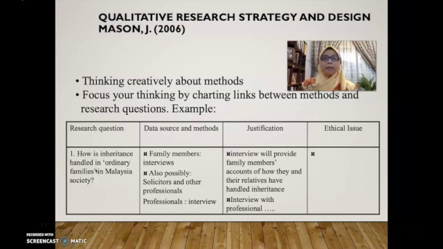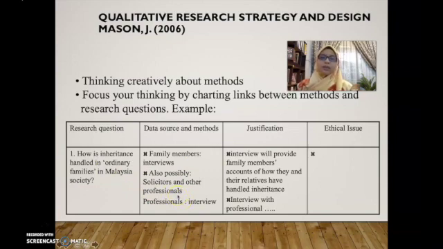So you have to map carefully the research question with the data source and method. So here, the data source would be family members, and the method that you're going to use to answer the research question is by interviewing the family members, because it involves the process of inheritance. How does the inheritance get handled in ordinary families, and also possibly solicitors and other professionals.